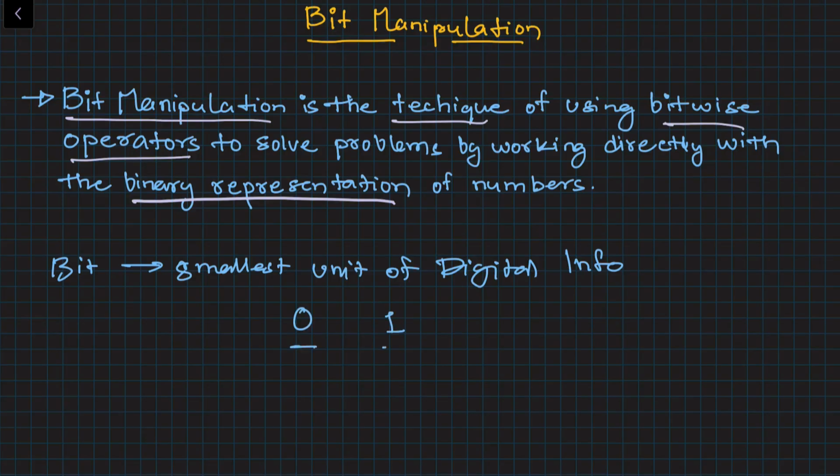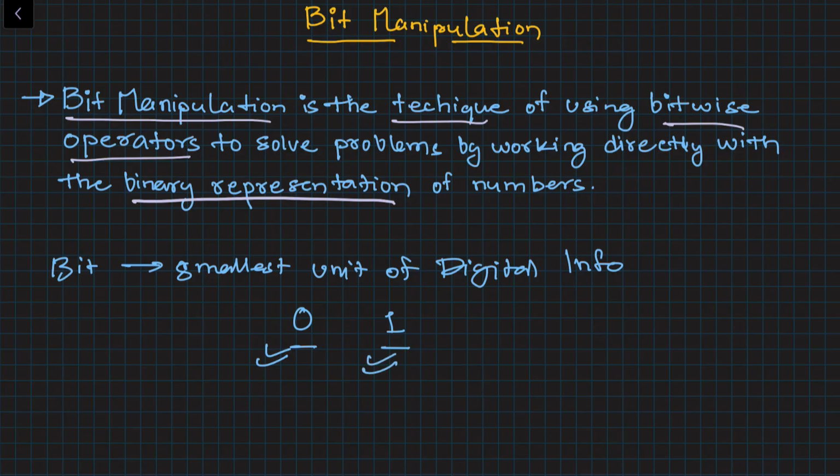This is one bit and this is another bit. Whatever data we store in the form of digital information is stored using binary representation, and that representation is created using the bits 0 and 1. Let's understand what 0 is and what 1 is. 0 is considered a not set bit or an unset bit, whereas 1 is represented as a set bit.